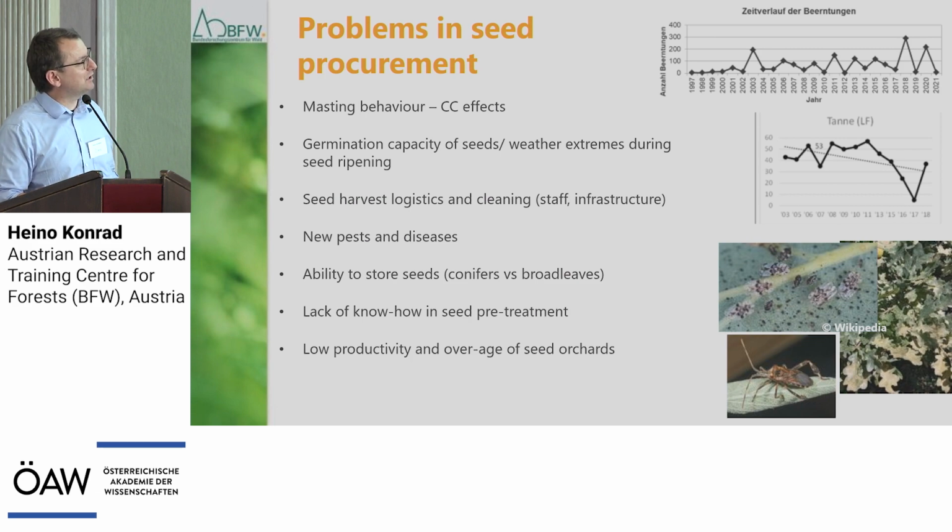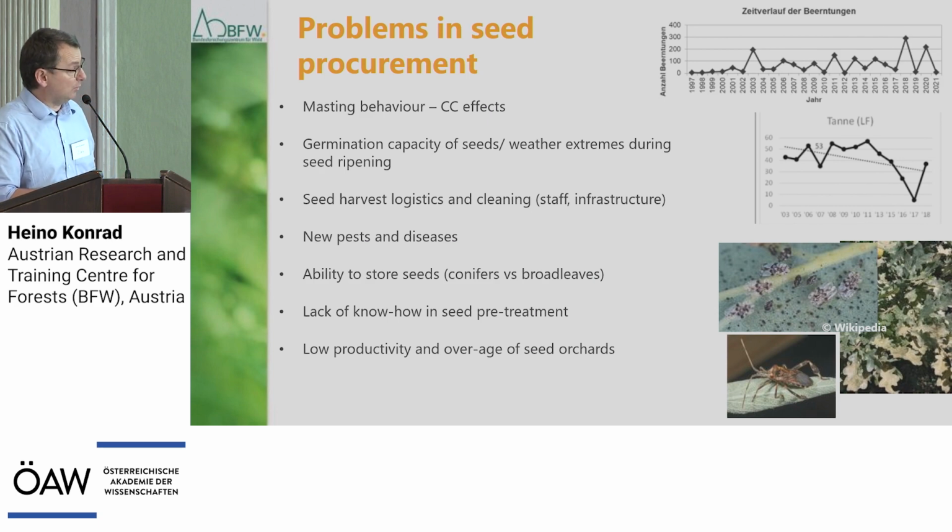It has now also reached Austria and the southeast, and it has a devastating effect on the seed production in the oaks. So this is a big problem if this increases in the future. But there is also Leptoglossus occidentalis, also from North America. It's damaging cones of conifers all over Europe.